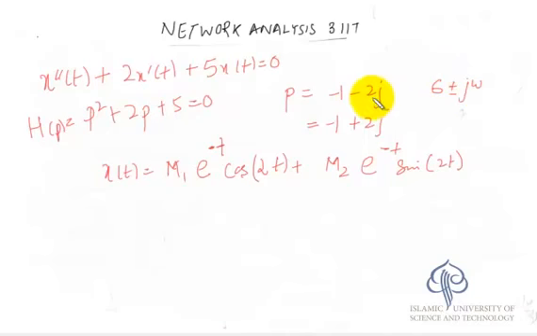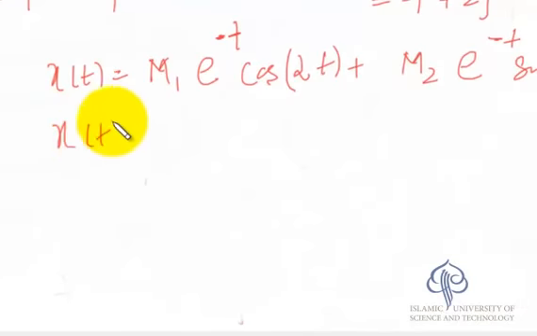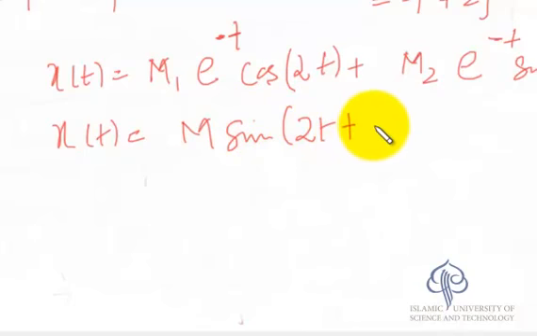So omega is 2 and sigma is minus 1. This is one way of writing it. The other way of writing it is just as m sin(omega t plus phi), which is sin(2t plus phi), into e to the power sigma t. Again, you can find m1, m2 or m and phi by the initial conditions.